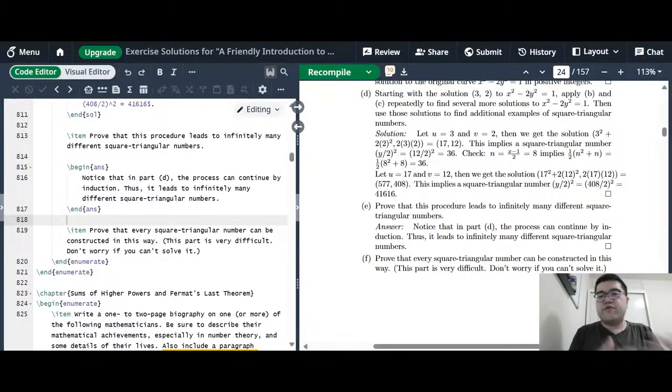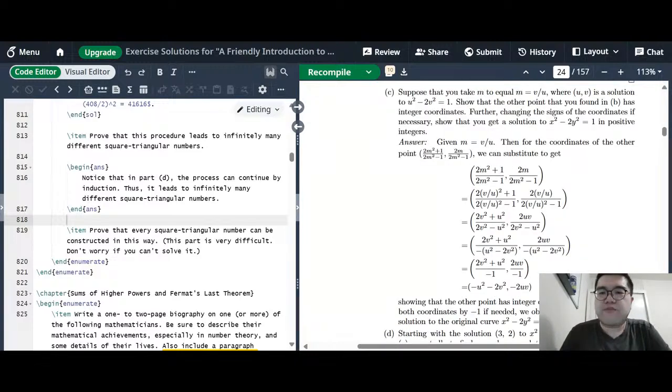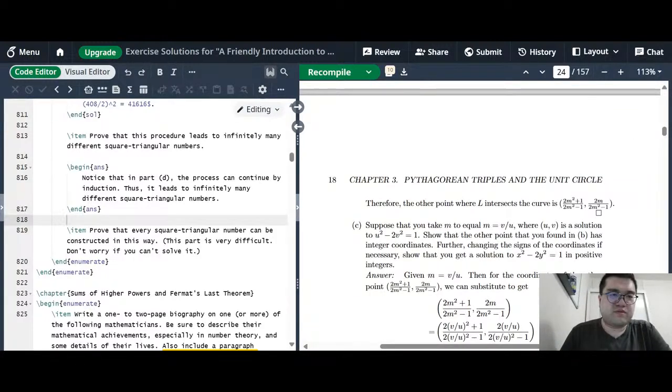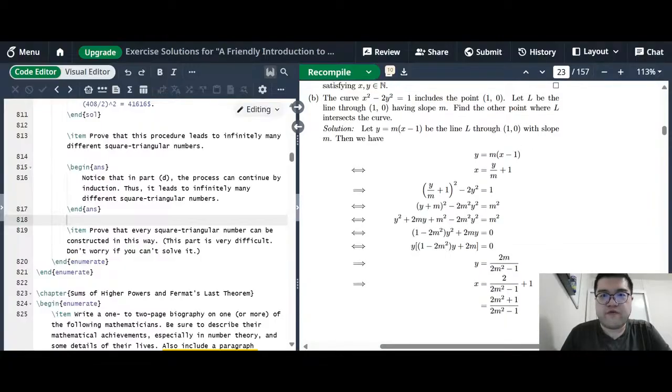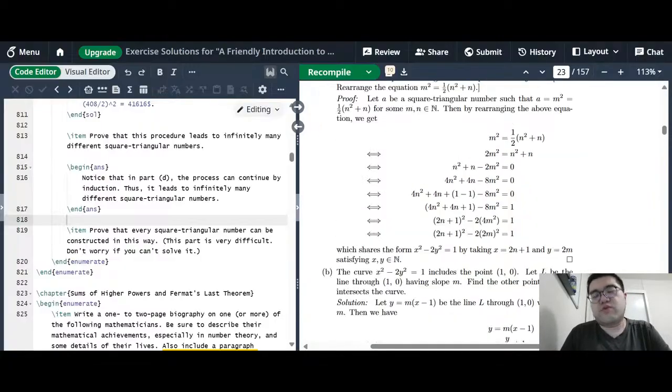Well, in order to prove that this works, first of all, we need to understand why this process will work. If we come back to the entire problem that we start off from, we actually do need to go through from part A. Every part of this problem is trying to lead us how to generate the solution.